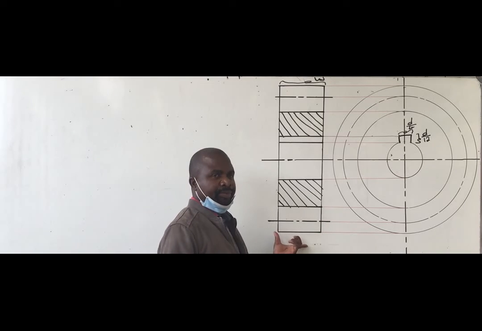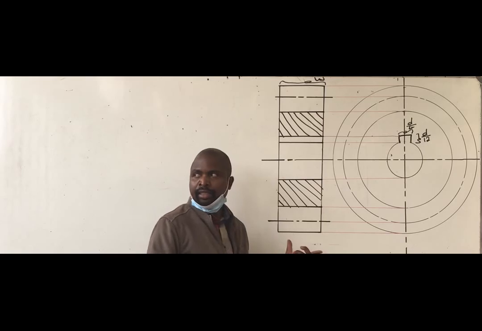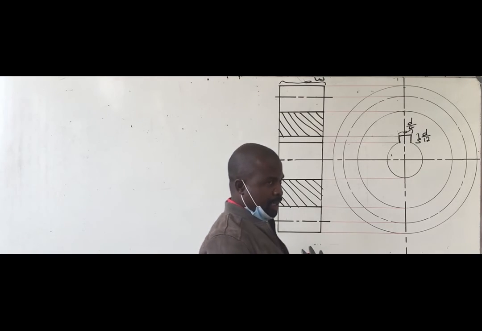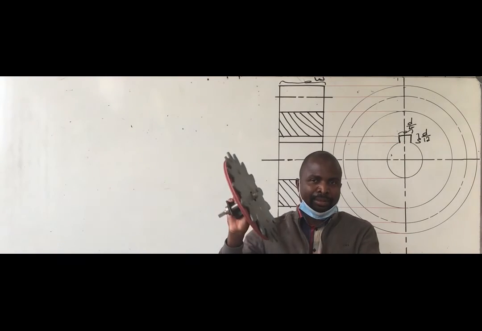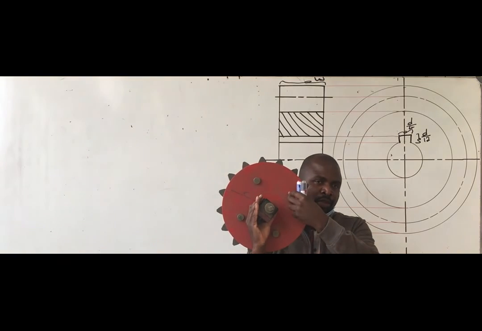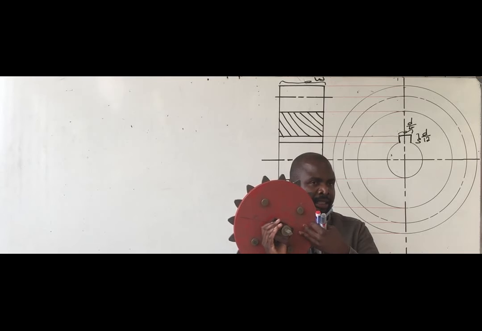This one, it's a front view of the gear. It's just that with this one you cannot see properly. When you view from this side, it is the same as when you view from this side. If I can remove this portion which I used to hold, this side will be the same as this side, right?